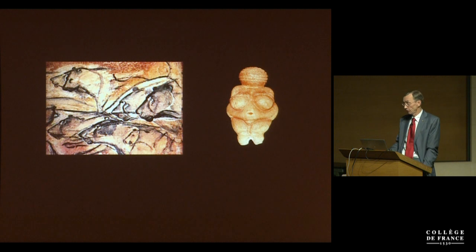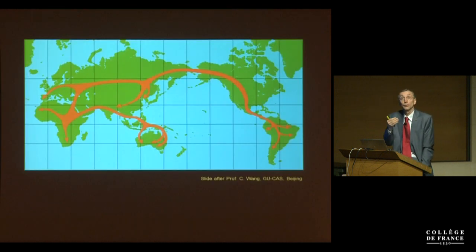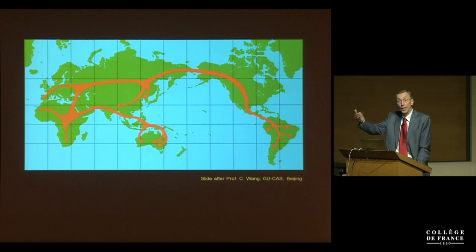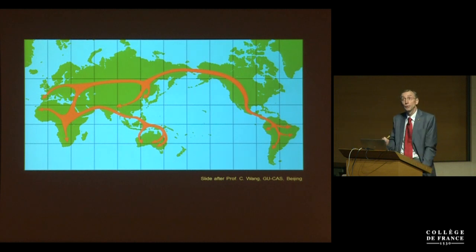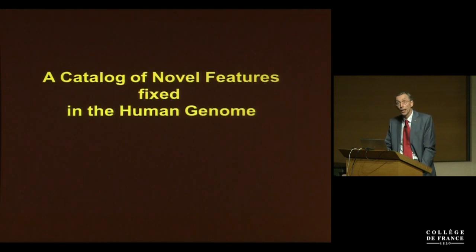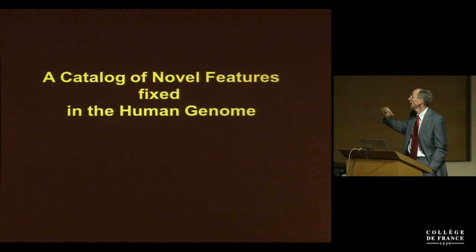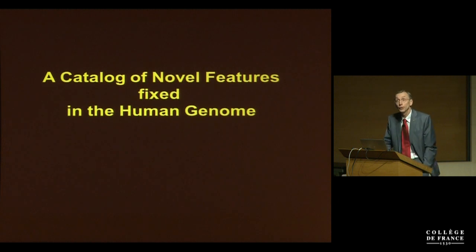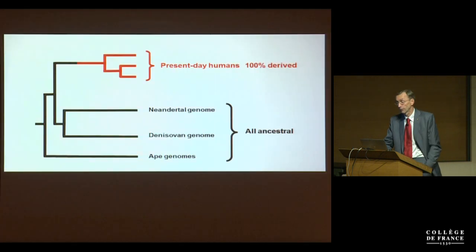Figurative art appears with modern humans, and modern humans start expanding in population size, expanding across water, expanding to all habitable parts of the planet, to the extent that we are billions of people today and influence large parts of the biosphere. So a dream would be that this catalog of things present in the human genome and not the Neanderthal genome would hide the biological basis for that.